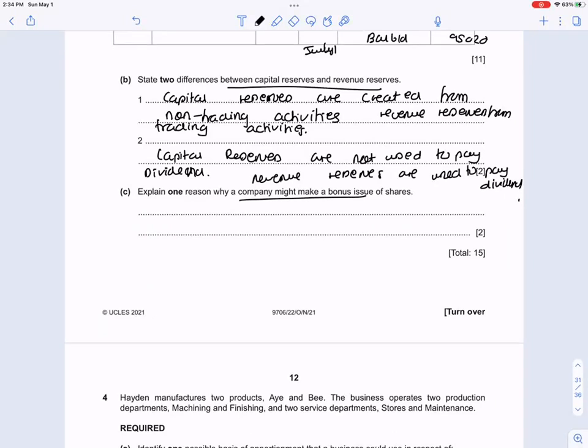Give a reason why a company might make a bonus issue of shares. Come on, give me a reason why a company would make a bonus issue of shares.